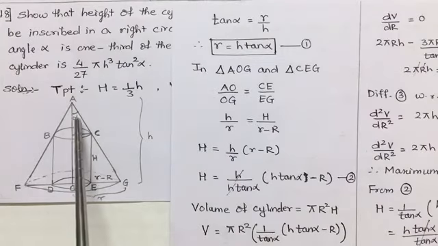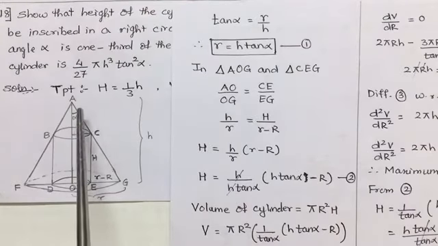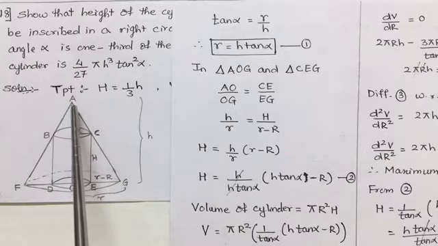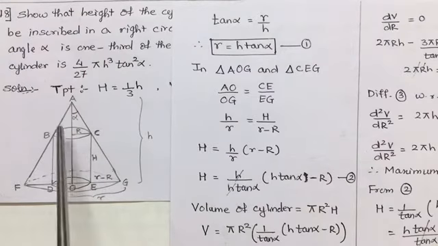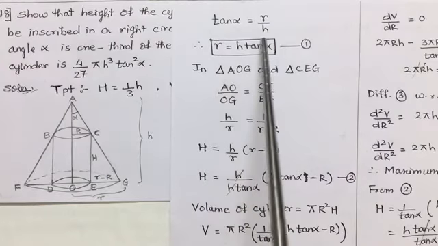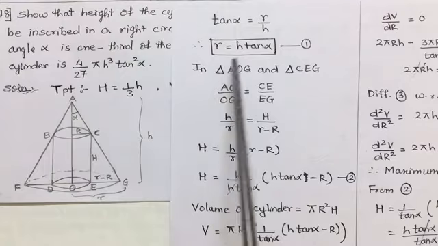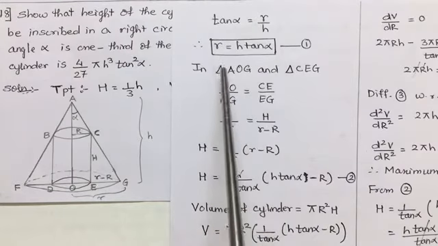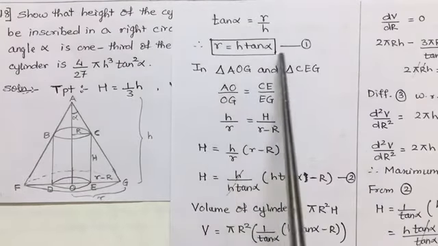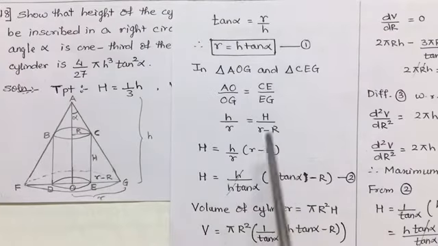So tan alpha is perpendicular, that is the radius r, upon base. Base is small h. So we get tan alpha is equal to r by h. So taking h to the other side, r becomes h tan alpha, which is the first statement that we have taken.